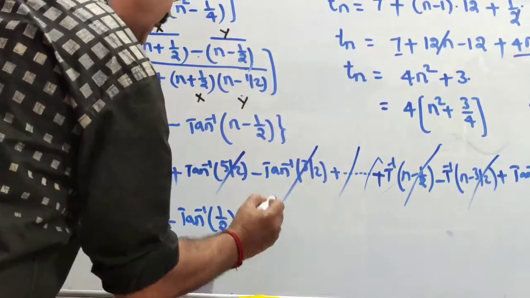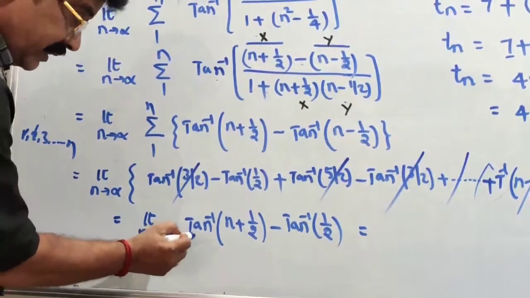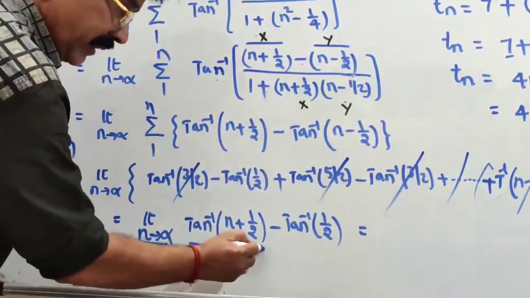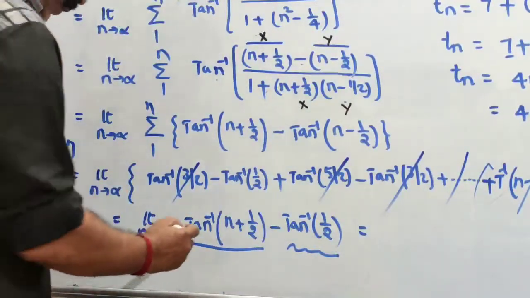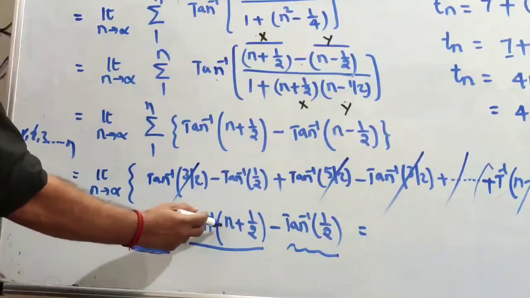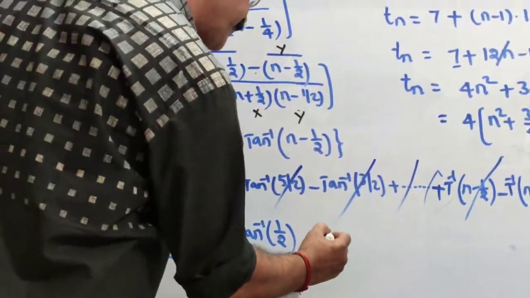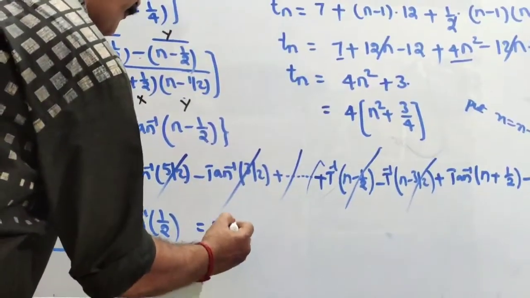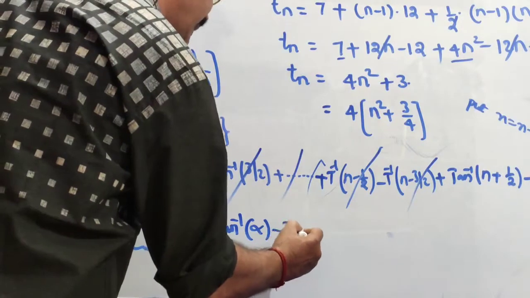So that is equal to, with respect to n, the limit is the operator. It is affected with only this term because the other is a constant value with respect to n. Therefore, put n equal to infinity. Infinity plus 1 by 2 is infinity. Tan inverse of infinity minus tan inverse of 1 by 2.